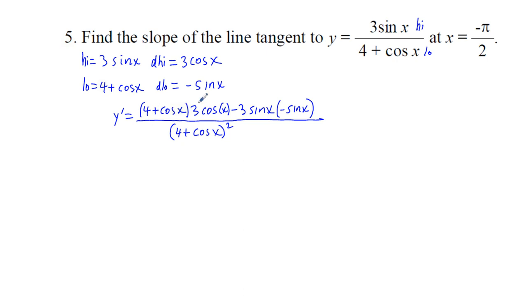So, gosh, we have distribution here. We have 4 times 3 cosine x is going to be, oops, that's not right. We have 12 cosine x is what it is.